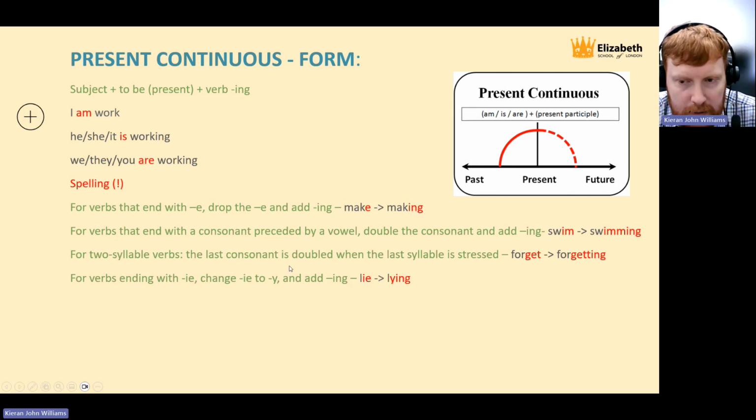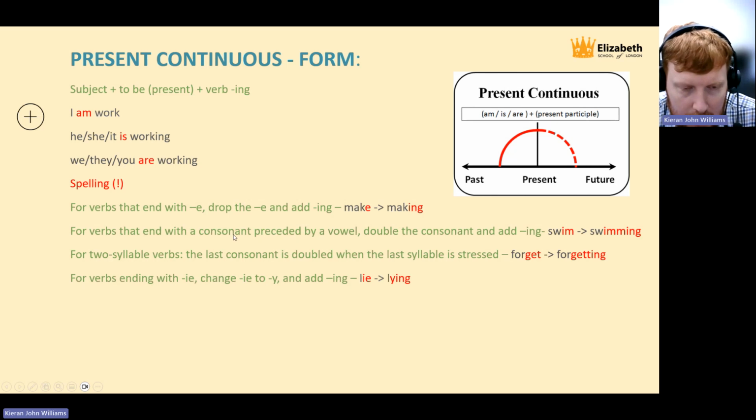Okay, now this is where it gets a little bit more difficult, okay, because we are going to be doubling some letters in the next part. Okay, so let's take this one a little bit slowly. For verbs that end with a consonant preceded by a vowel. Okay, so hopefully we know the difference here between a consonant and a vowel.